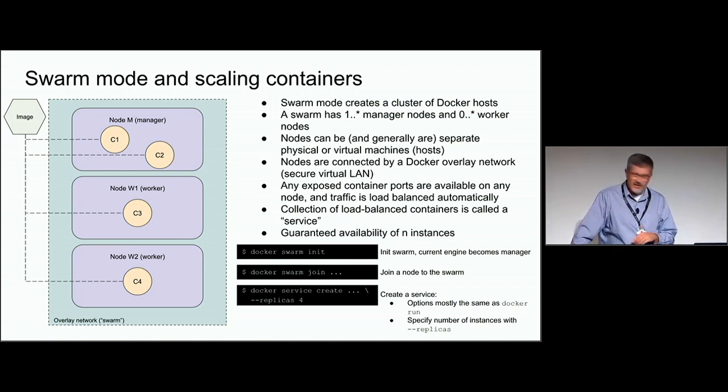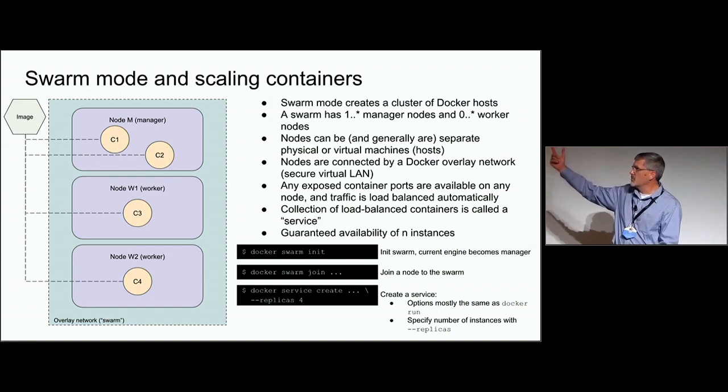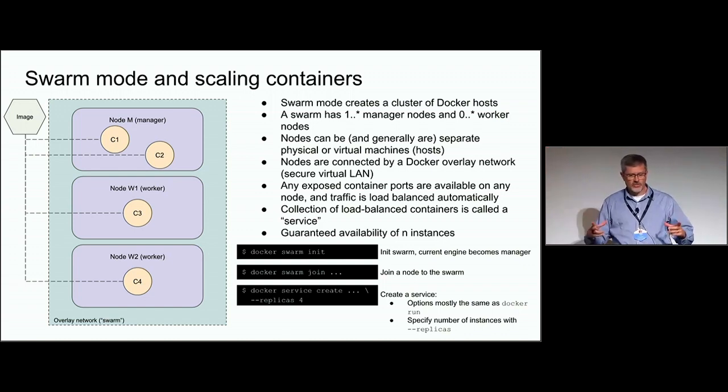You create a swarm with init, which takes the Docker host you're currently running on, and it initializes a swarm, which starts up a bunch of stuff that allows replication and load balancing to happen.